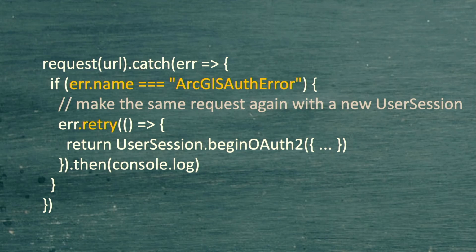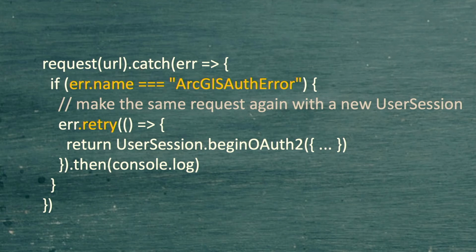In fact, we have a specific kind of error called an ArcGIS auth error. So when you get an error when you're making a request, if you inspect to see whether it's a type of ArcGIS auth error, it will expose a function called retry, and that retry function takes a callback in which you can do whatever you need to do to log the user in.